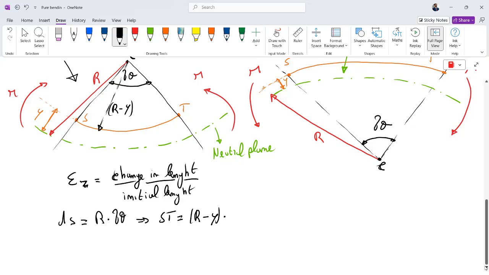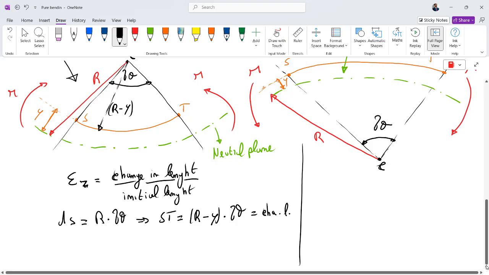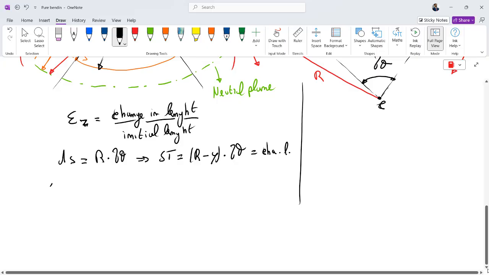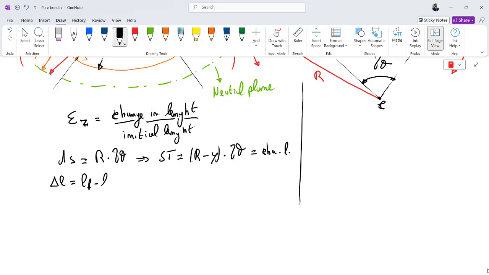So the new radius is r minus y, times delta theta. This is the new length of the ST, but the change in length, delta L, is equal to L final minus L initial. L final is this new length, radius r minus y times delta theta, minus L initial, that is delta z.